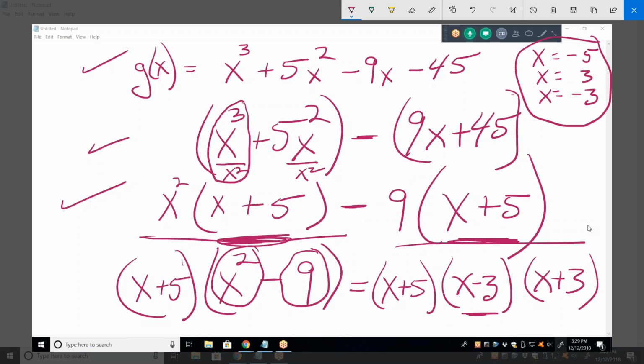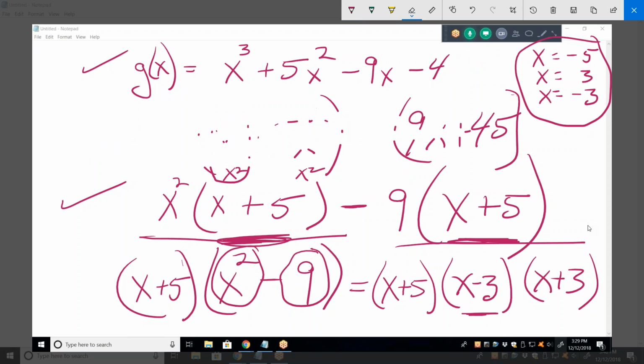Now, like I said, if you change that to a 44, now it's not going to work. Here, let me explain just one thing that I hadn't really explained yet. And that is that for grouping to work, you can spot it instantly, whether it's going to work or not.